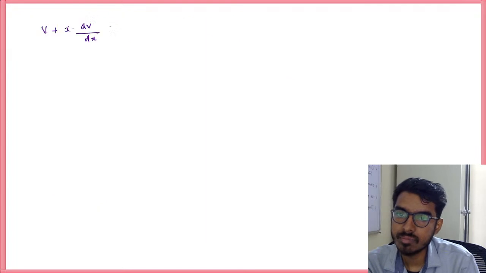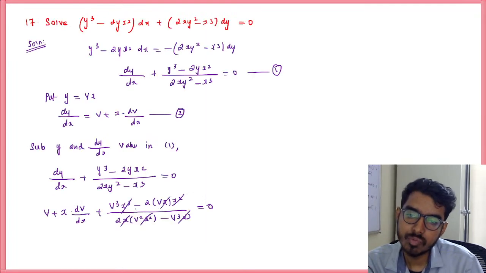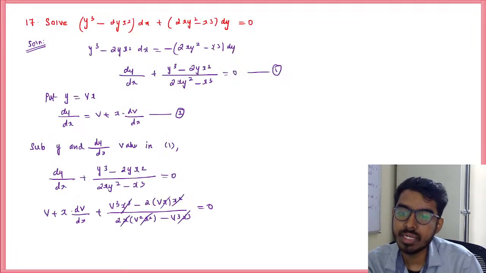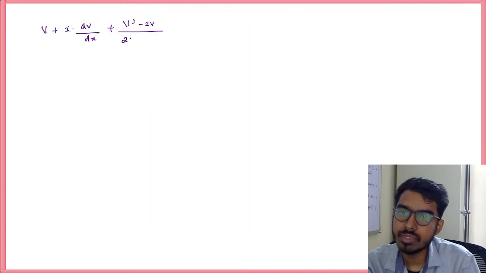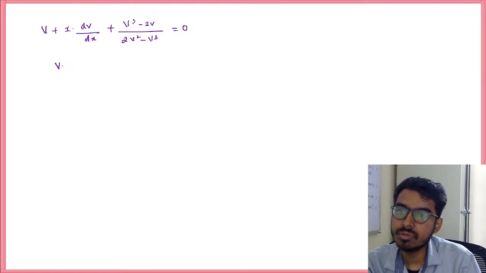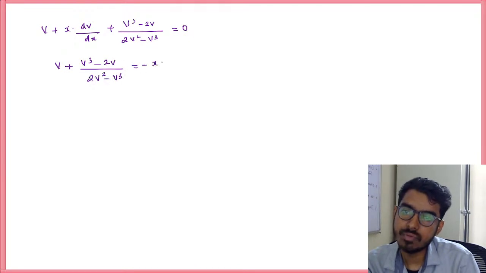So we will have v plus x into dv by dx plus v cube minus 2v divided by 2v square minus v cube, equal to 0. V plus v cube minus 2v divided by 2v square minus v cube is equal to minus x into dv by dx.